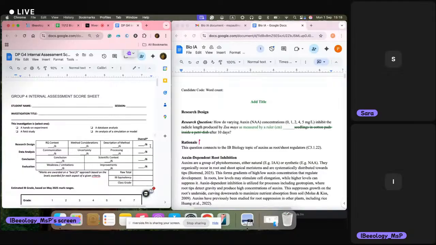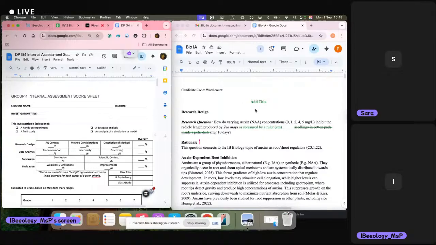So if you have 12 pages divided by four sections, what would that kind of cost you, Sarah? So 12 divided by 4, about 3.